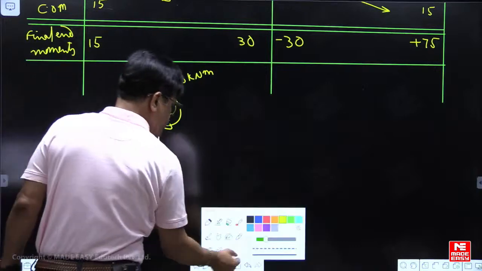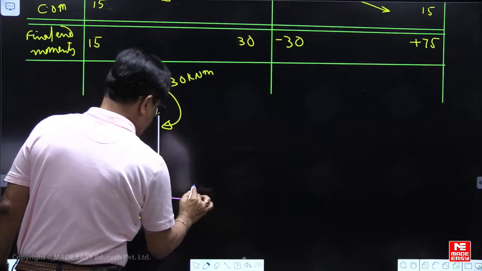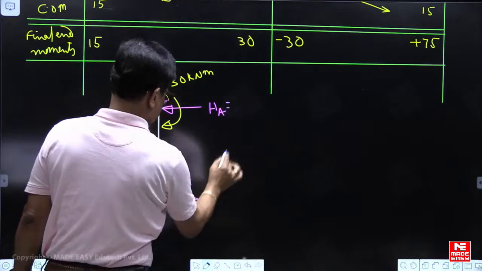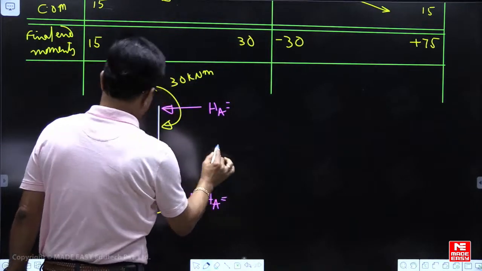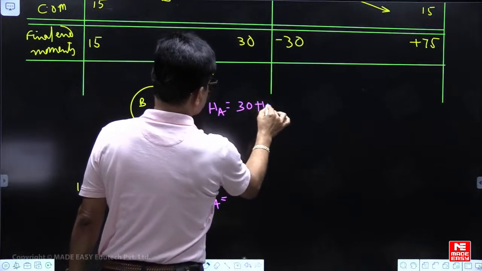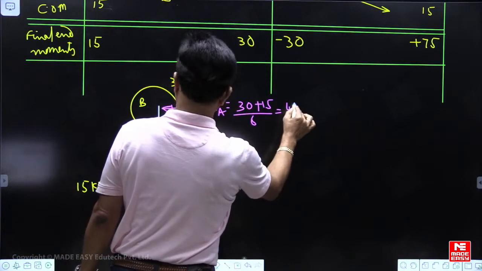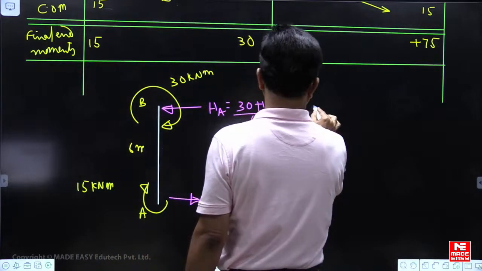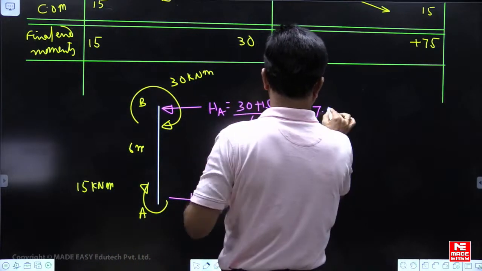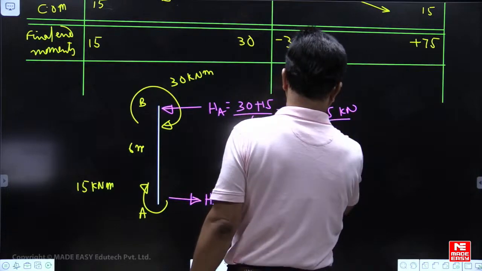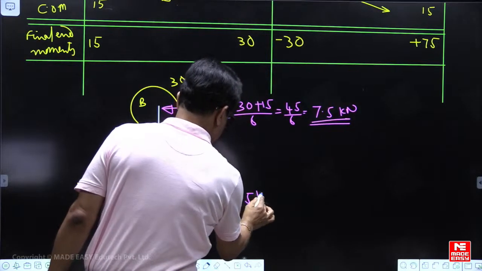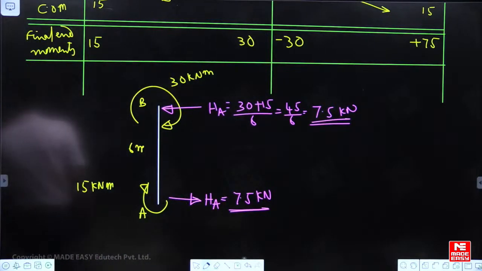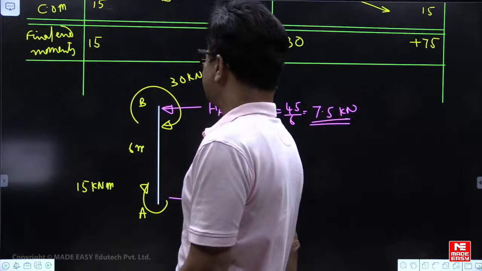Both of them are clockwise, so now the reaction will develop anti-clockwise. (30 plus 15) by 6. So you get 7.5. I think all of you got it much faster than me. Good.